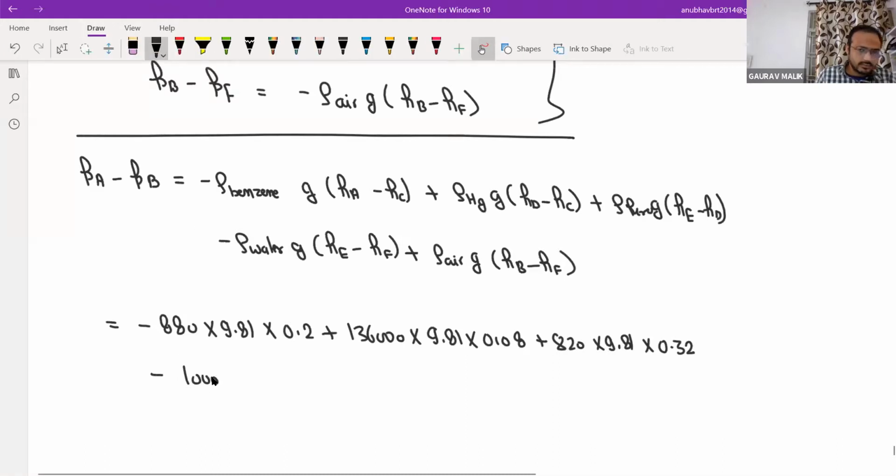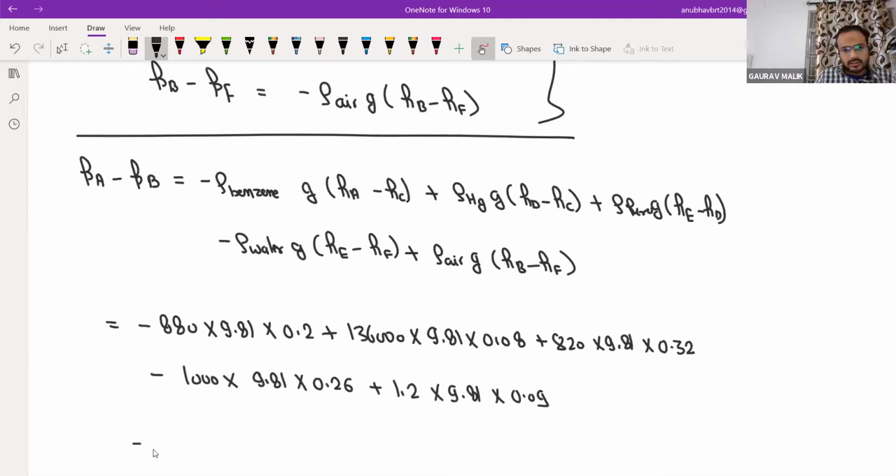Minus of 1000 into 9.81 into 0.26, plus 1.2 into 9.81. So whatever you are getting, that is your mathematics part. Tell me in kilopascal what you are getting. Very good. 8.91 is the correct answer.